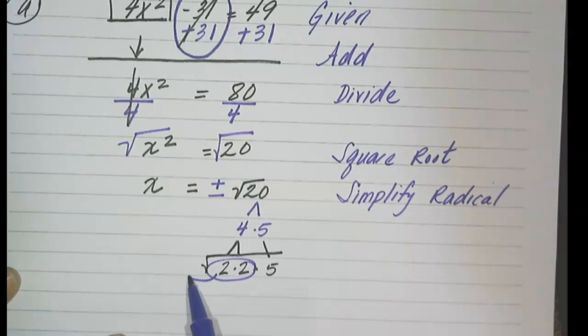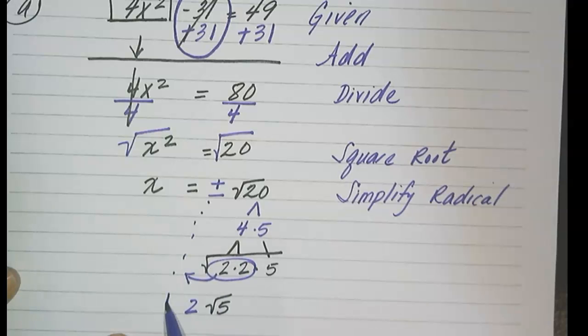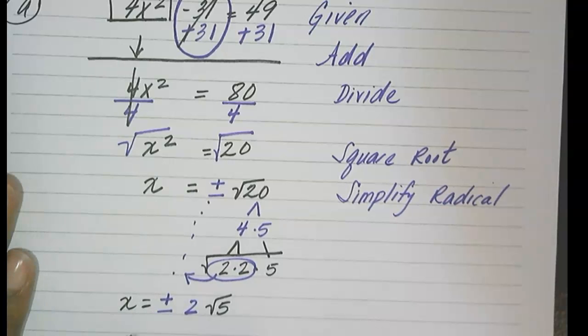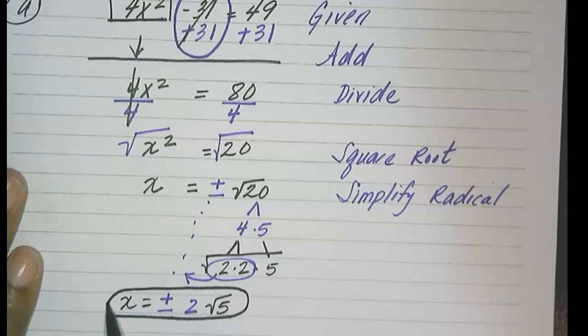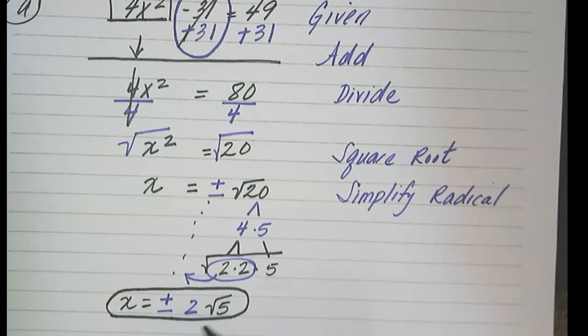So the 2 goes on the outside, and the square root of 5 stays on the inside. But I cannot forget, it could be a positive or a negative. This is what x equals. This is my answer in a different form. Okay. Square root of 20. Okay. But 2 square root 5, better.